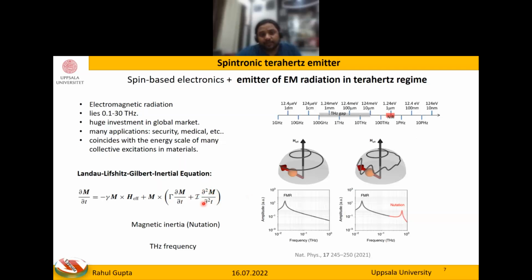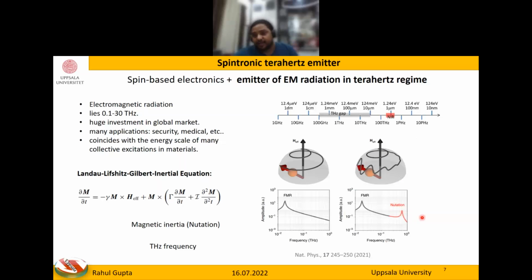So let's say you don't have this term, and you have only the Landau-Lifshitz-Gilbert equation. You will have a precession something like this, corresponding to a ferromagnetic resonance mode, which lies in the gigahertz range. But if you have this term, you will have this kind of zigzag precession along the applied magnetic field, and that zigzag precession corresponds to nutation, which is also called inertia, and that lies in the terahertz frequency range.